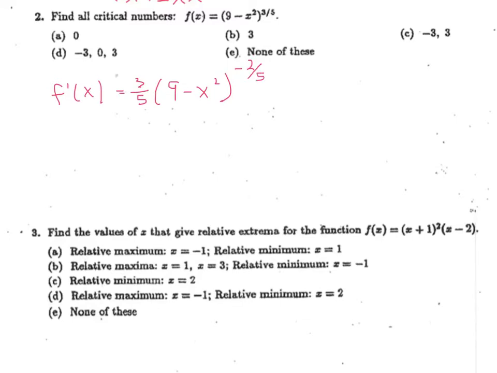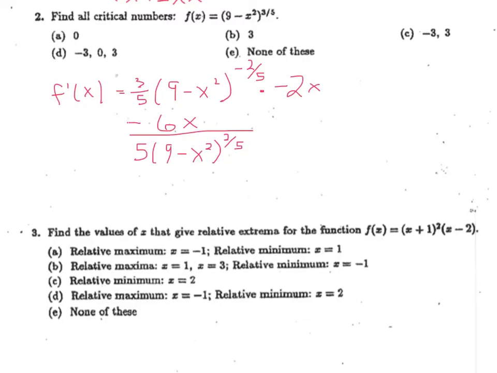And then we need to multiply by the derivative of our inside function, so by a negative 2x. So our function is negative 6x over 5 times 9 minus x squared raised to the 2/5.